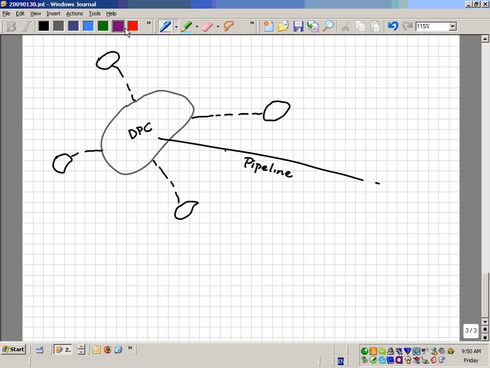Yeah. So I think for this case, what we'd like to do is add any potential extra gas coming through this dew point controller. It's somebody else's gas, and it starts coming in at some time in the future we don't know.